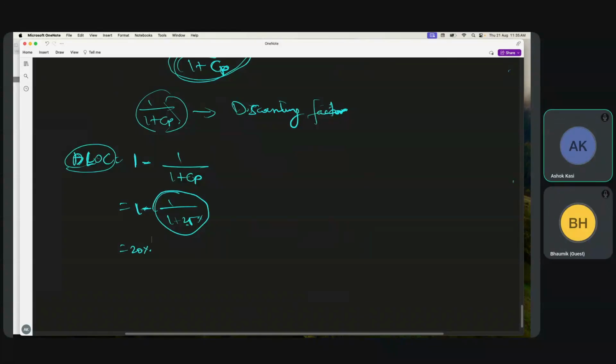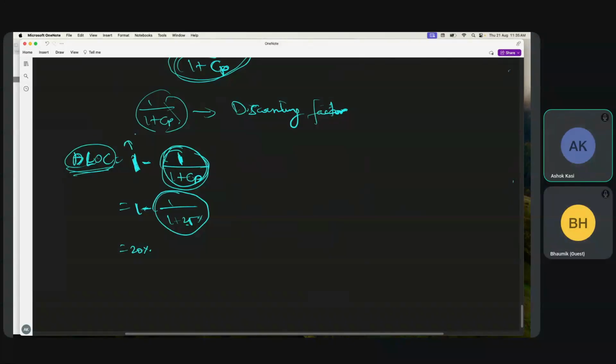Yeah, it's 20%. So this is 1 rupee and this is that 1 rupee's reduced value, the discount. So this is the total value, and this is the discounted value. So the remaining is all the discount.